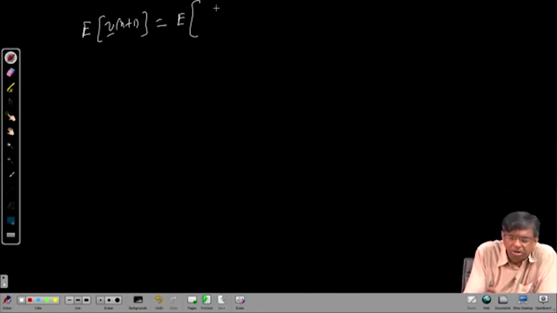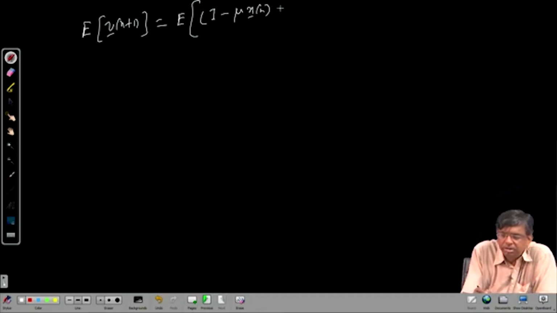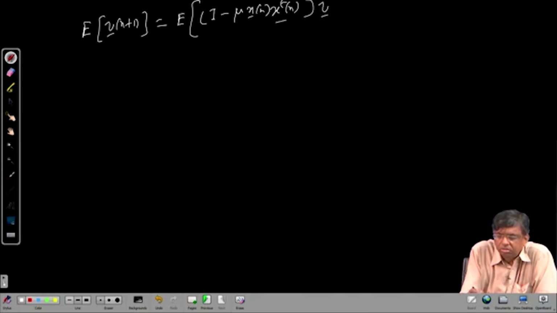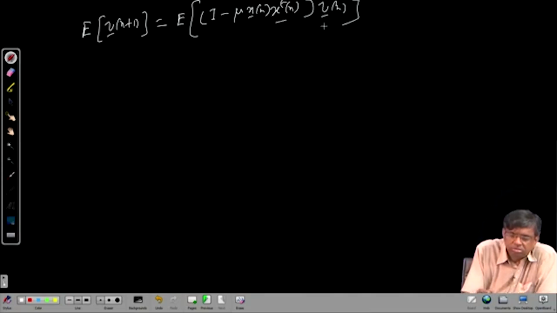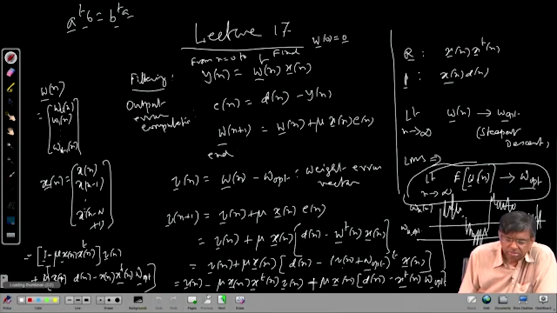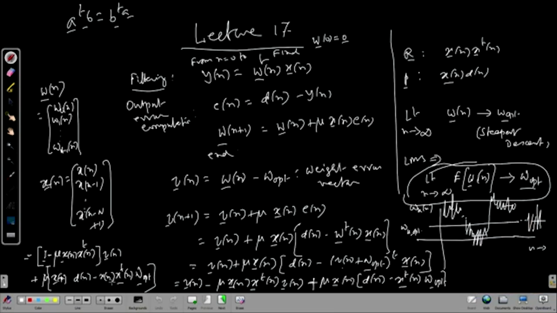The expected value of I minus mu x n x transpose n, plus the other term, mu x n d n minus x n x transpose n W opt.